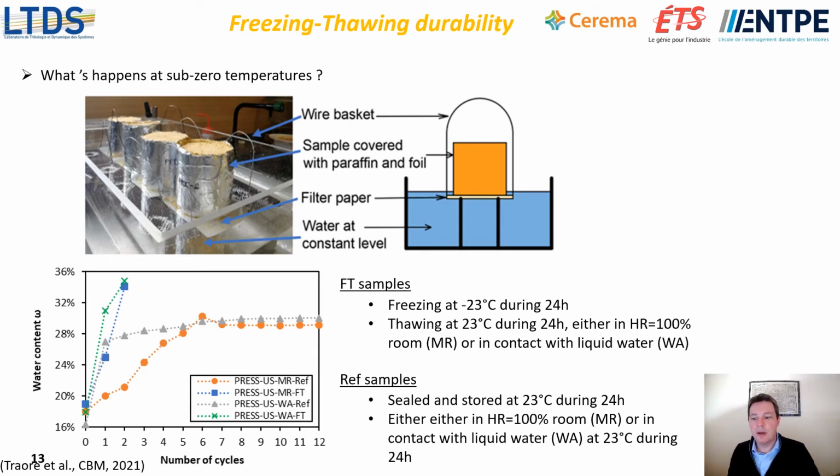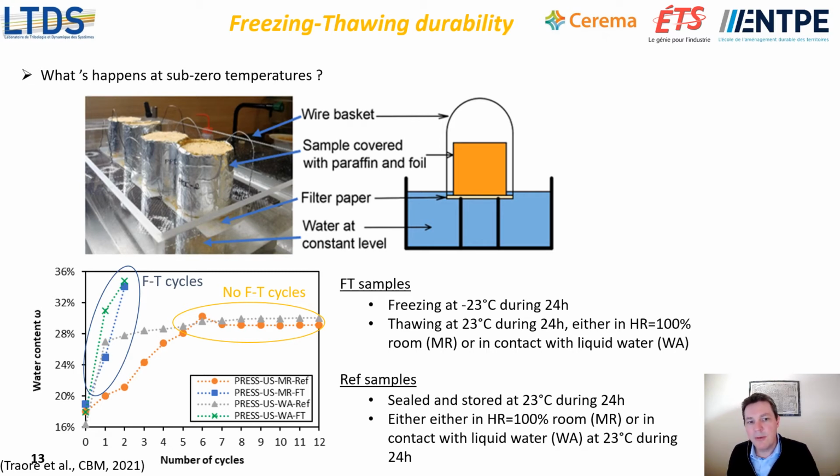The results show that for the reference samples, we can see an increase of water content due to their storage in a moist room or their contact with liquid water, but no damage occurs on these reference samples.